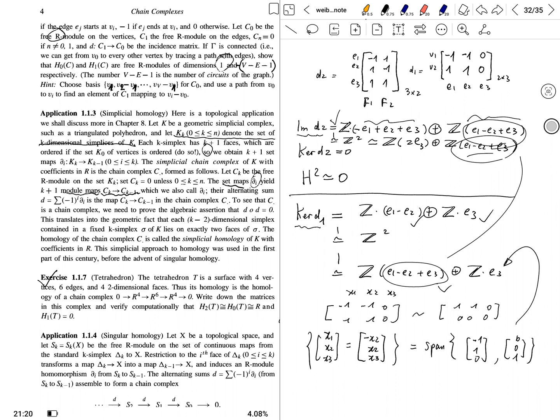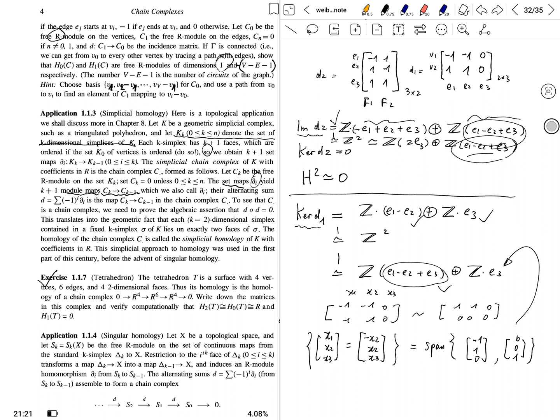Now because the coefficients are not a field, you cannot just talk about the dimension. You cannot just count the number of vectors in a basis. You have to look precisely into their inclusion relation.